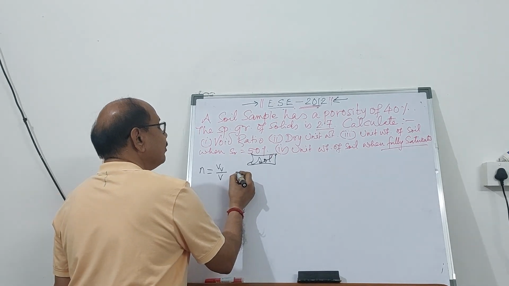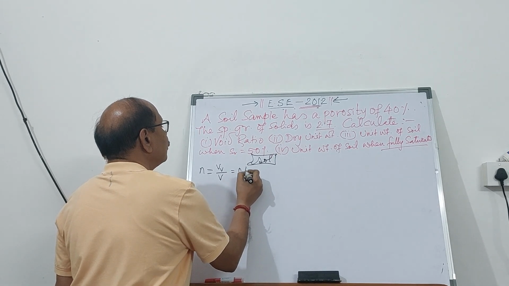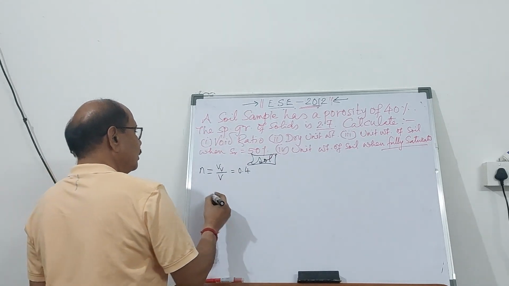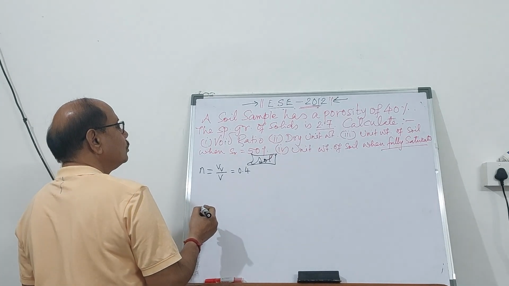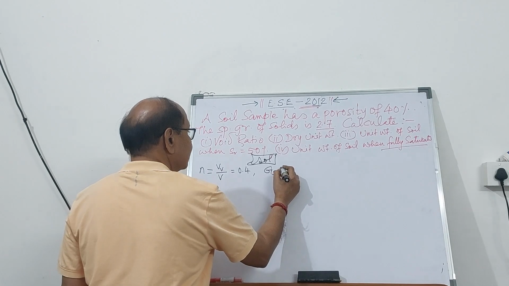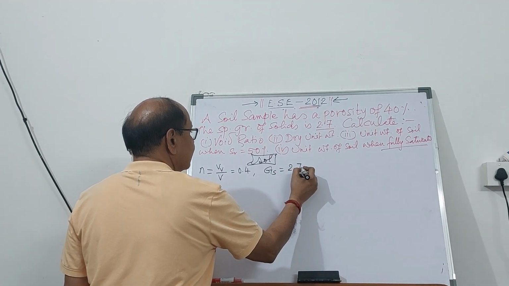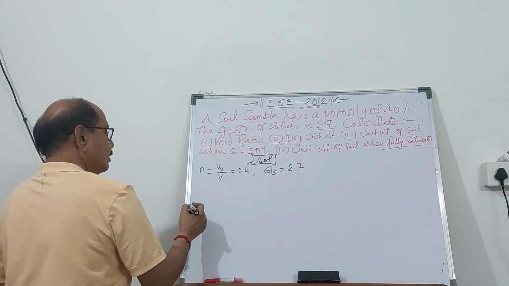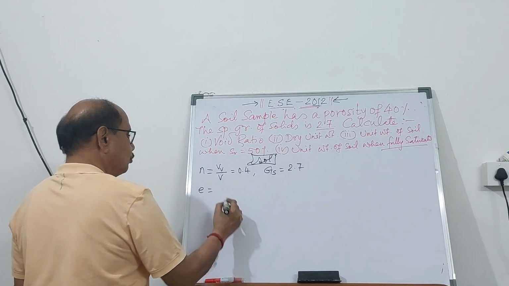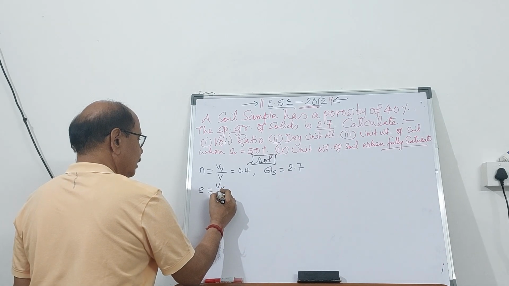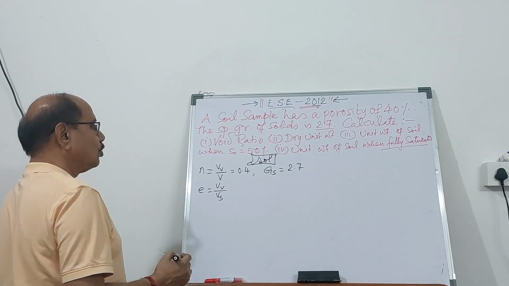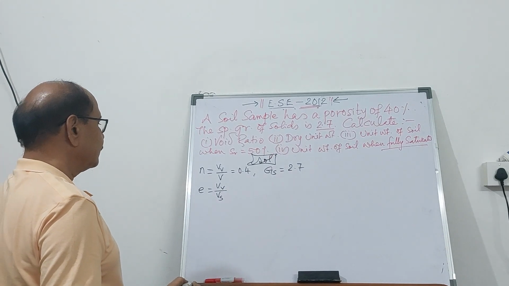So this is given to you as 0.4. So if porosity is known to you and the specific gravity of soil solids is 2.7, you can calculate the void ratio E equal to volume of void upon volume of soil solids, right?